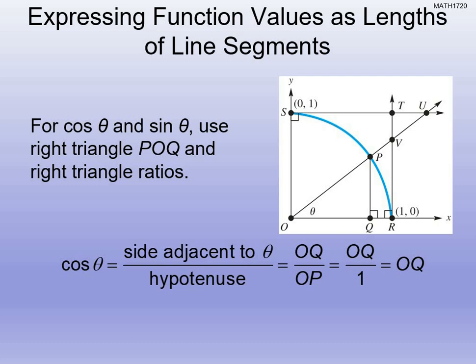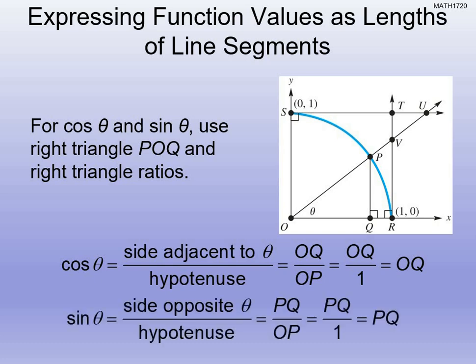We already know that OP is 1 because it's the unit circle. So cosine of theta is OQ. Does that make sense, hopefully? It's the horizontal component of our unit circle. If you go back and look at the unit circle stuff we did at the beginning of the lecture, hopefully that makes sense. Cosine of theta is literally just our x component of the location P.